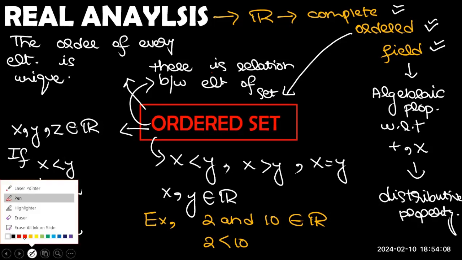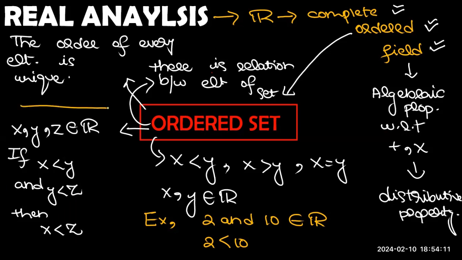For example, if I make a real number line, I have 0, I have 1, I have -1, with positive numbers on the right side and negative numbers on the left side. So on the real number line, the position of 1 is unique. I cannot write 2 in place of 1. Similarly, 2 is here and 3 is here. The position of every number on the real number line is unique. So this is our ordered property.